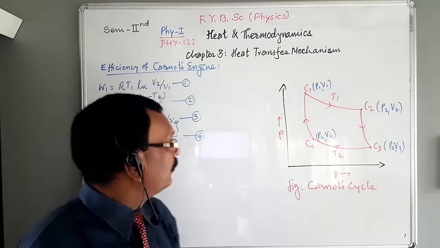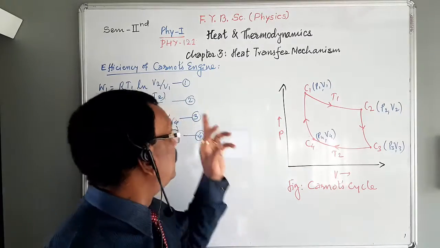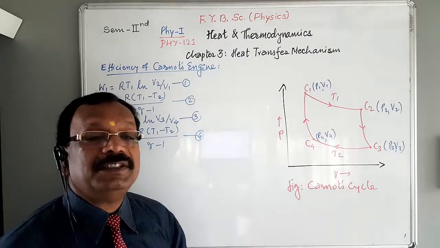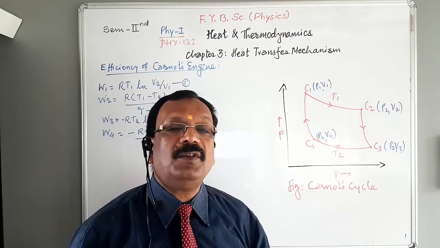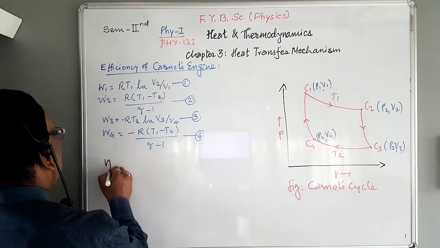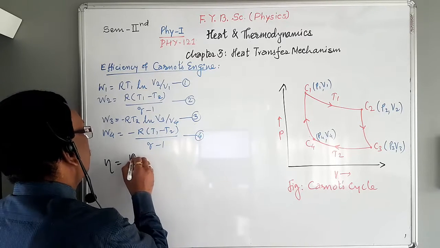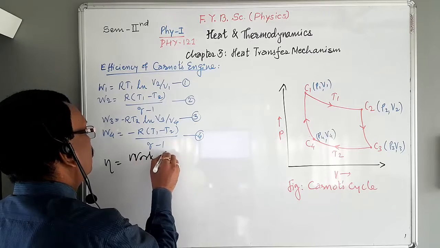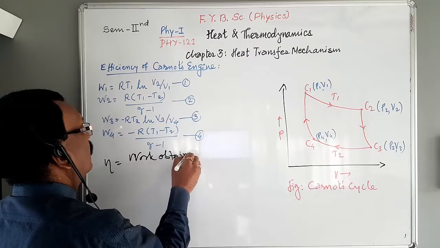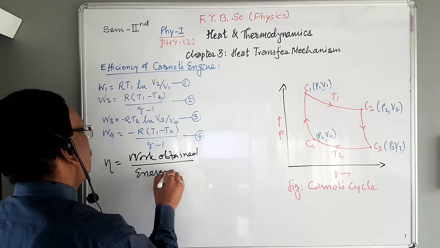Okay. Now, we have to obtain the expression for efficiency of Carnot's engine. The efficiency of Carnot engine is given by eta is equal to work obtained to energy supplied.